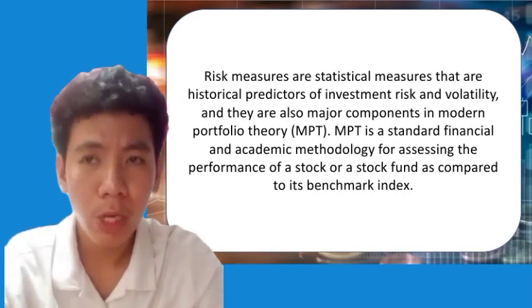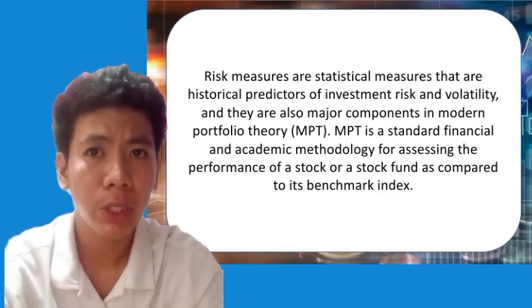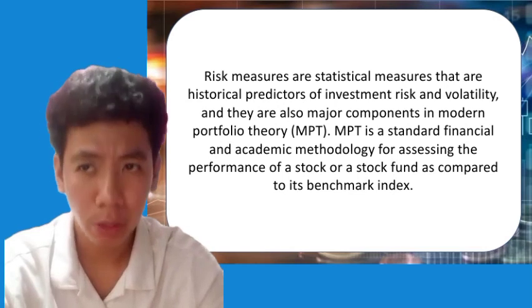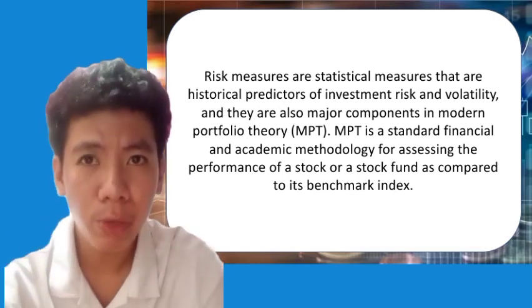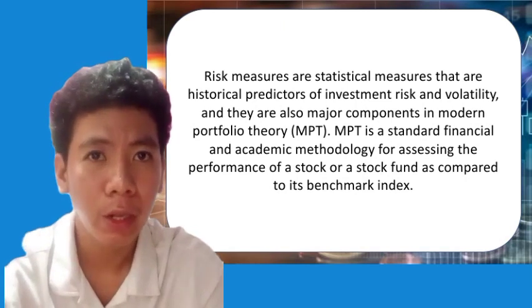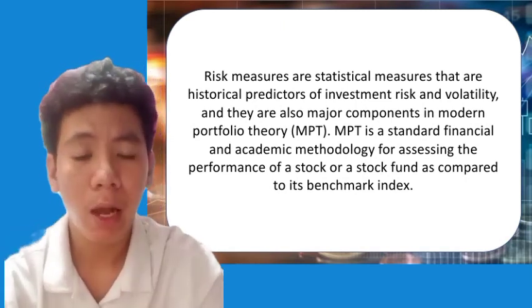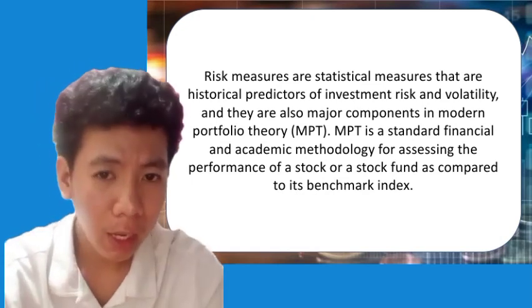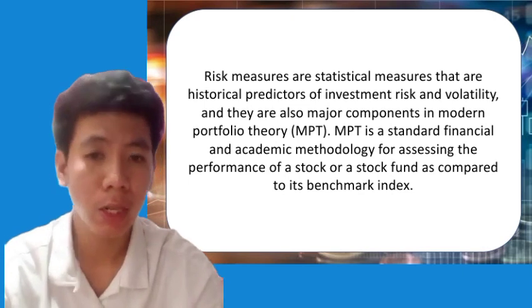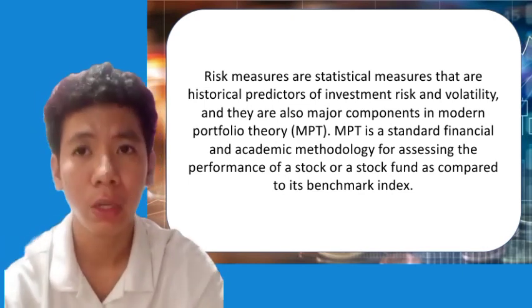Types of risk measures. There are five principal risk measures, and each measure provides a unique way to assess the risk present in investments under consideration. The five measures include alpha or Jensen measure, beta, R squared, standard deviation, and the Sharpe ratio.